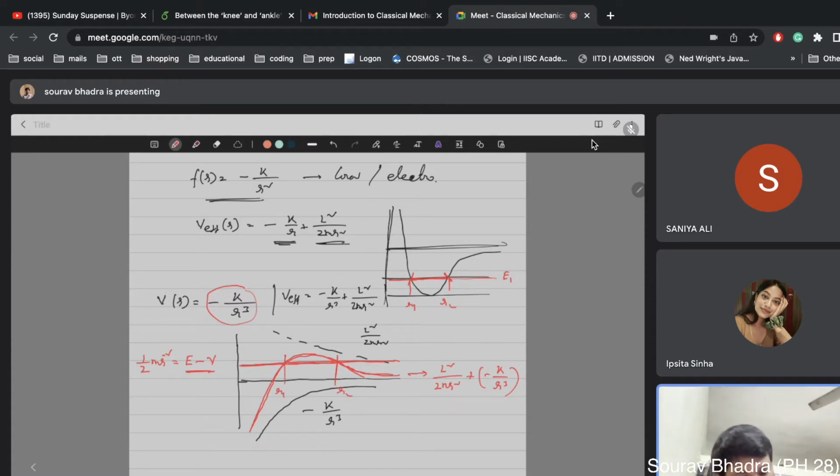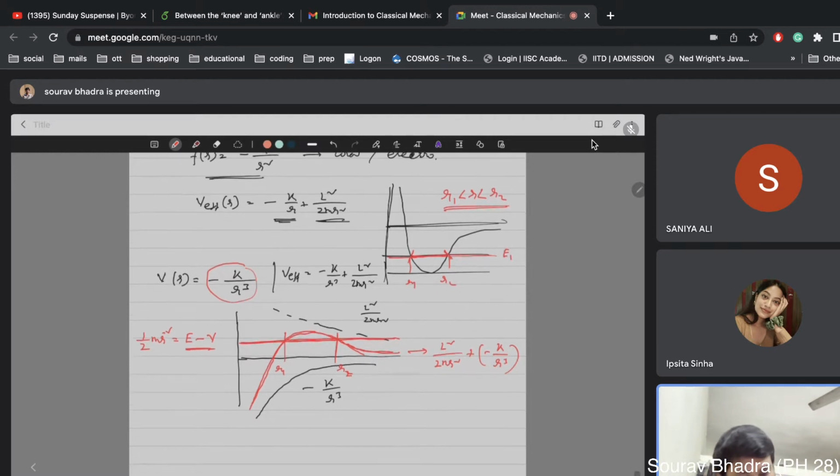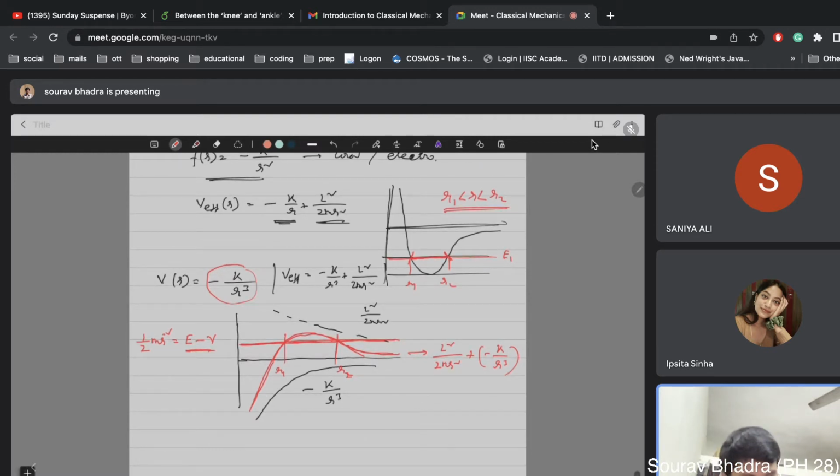Whereas in the first case the bounded motion was between r1 and r2, in this case the bounded motion will be if r is less than r1, that means this region, and if r is greater than r2, that is this region.